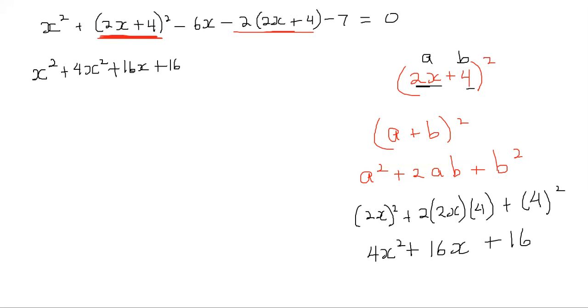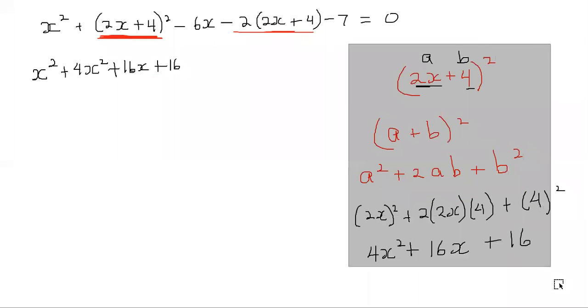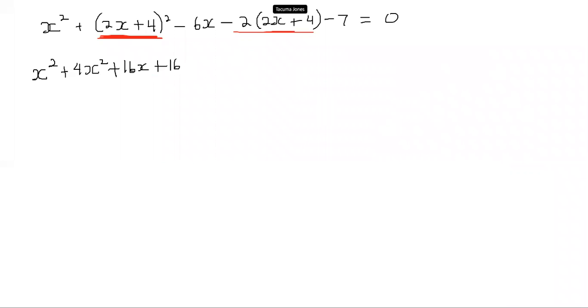We have just simplified this, then the x squared term here, minus 6x, minus, so we're multiplying everything inside the bracket here by negative 2, so this is going to be negative 4x, negative 2 by positive 4 is negative 8, minus 7 equals 0. So just be very careful with brackets and expanding the brackets.